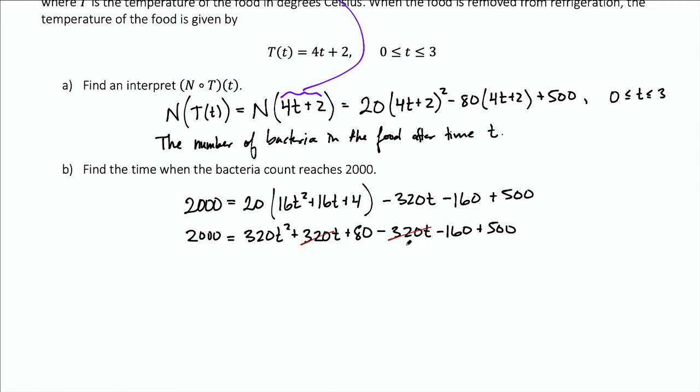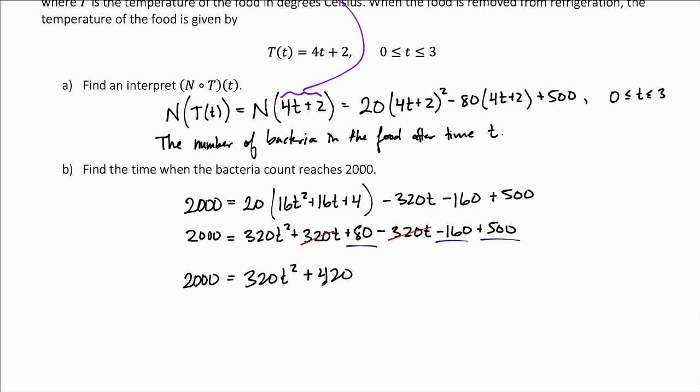Now we've got these constants here: 80 minus 160, that's negative 80, plus 500 is 420. So we get 320t squared plus 420 equals 2,000.